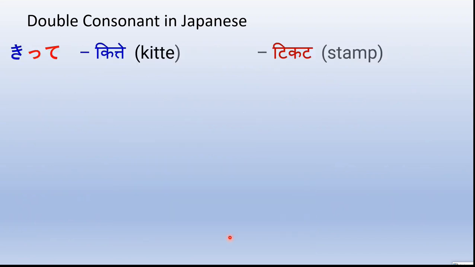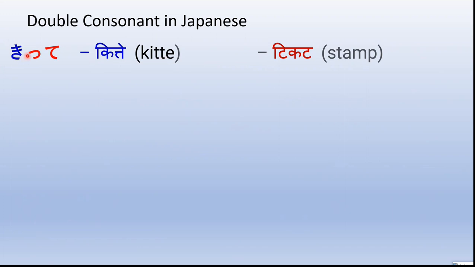Now let's see some example words that include the double consonants. The first one is kitte. Kitte means stamp. If you see the writing here, this is ki, and after that we need a double T kind of sound.